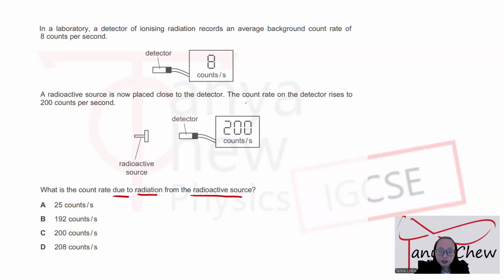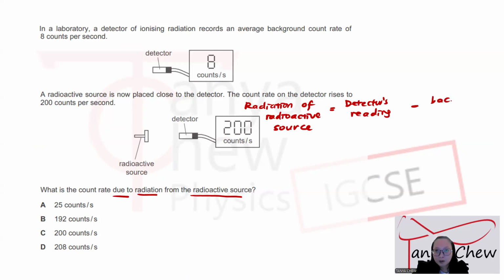Radiation of radioactive source is equal to detector's reading minus background count rate. So what was the detector reading?